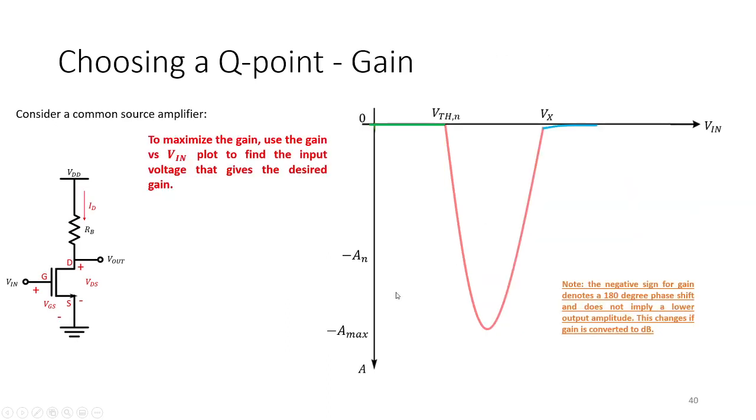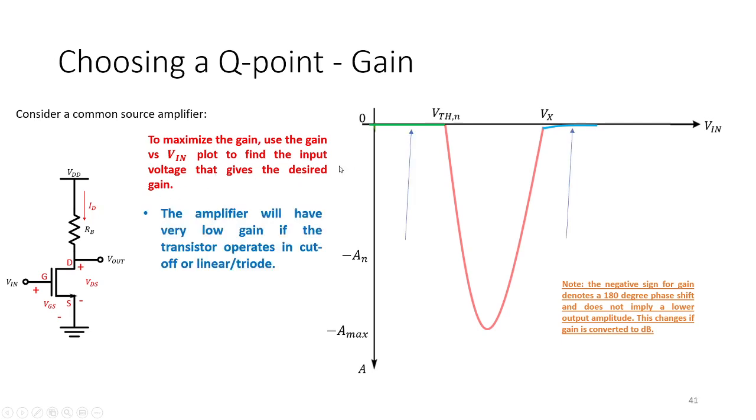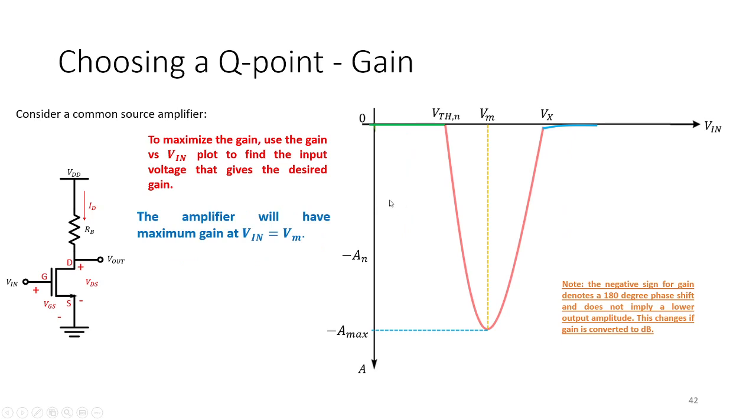Now, to maximize the gain, you want to use the gain versus Vin plot, shown here. You can see that you do not want to bias your amplifier in the cutoff and the linear or triode region, because we have no gain there. If you bias the amplifier at a certain voltage VM, you will get the maximum gain that this amplifier can have.